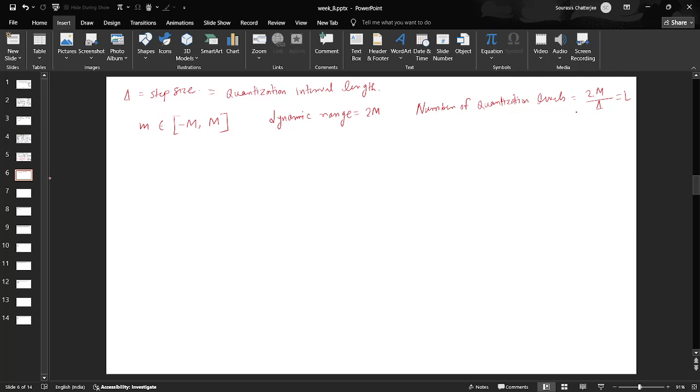If you reduce the step size, yes, your quantization error is going to be less and your quantization quality will be better, but you have to have a costly, expensive quantizer. On the other hand, if you have a simple, inexpensive quantizer with less complexity, you have to tolerate a high quantization error. So it's always going to be a trade-off between them. You have to find a suitable point.